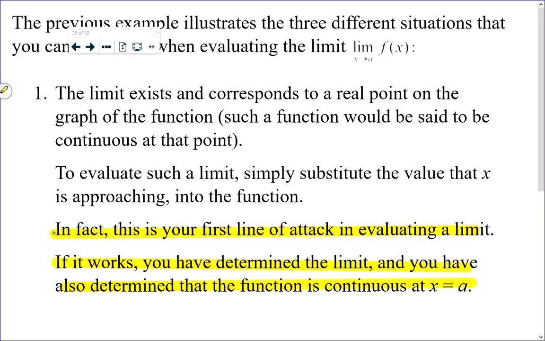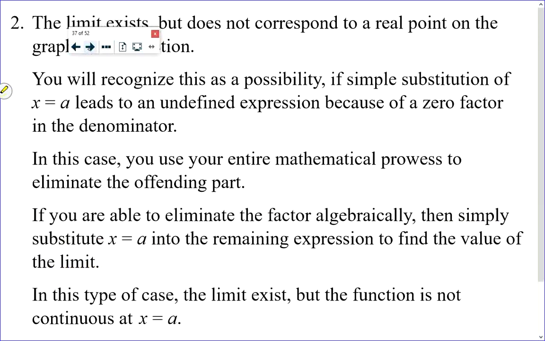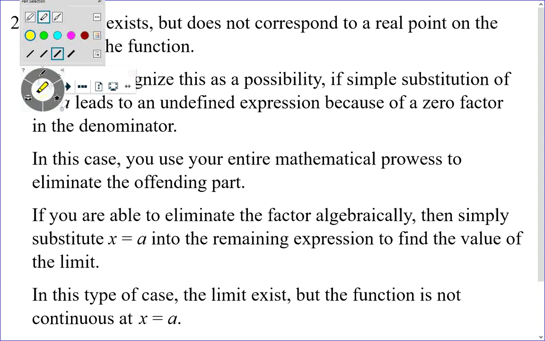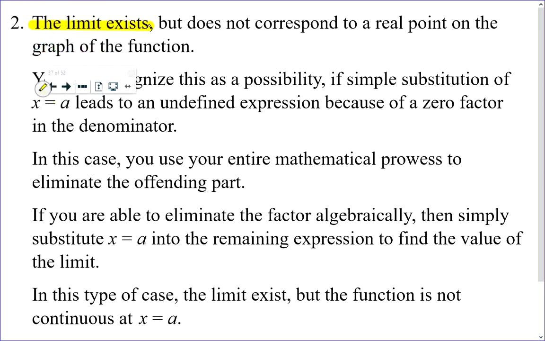Now, I would normally have a discussion about continuity here. I want to avoid that. There's a second case where you go ahead and try to put in the number for x, and you don't get a result. In other words, you get division by 0. However, the limit might still exist. So this is a case where the limit exists, but does not correspond to a real point on the graph of the function.